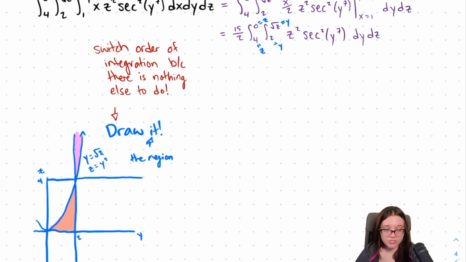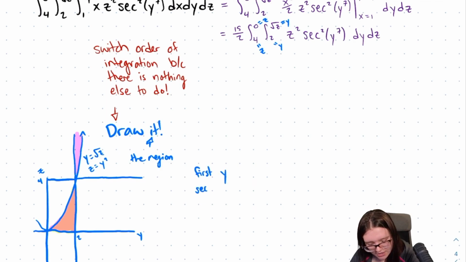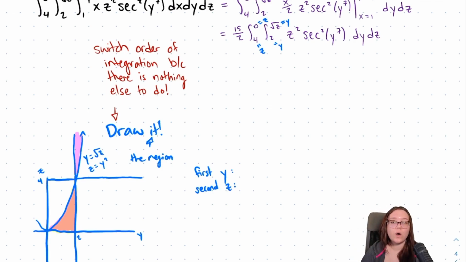Excellent. Now that we've identified the region, we have to figure out which order it goes in. Does it go left to right, top to bottom? Does it go bottom to top, left to right? Lots of different possibilities. So the first one we did was y, and second was z. And y went from 2 to rad z. So I'm going back and I'm looking at the region that we ended up highlighting in orange. Well, 2 is on the right and rad z is on the left.